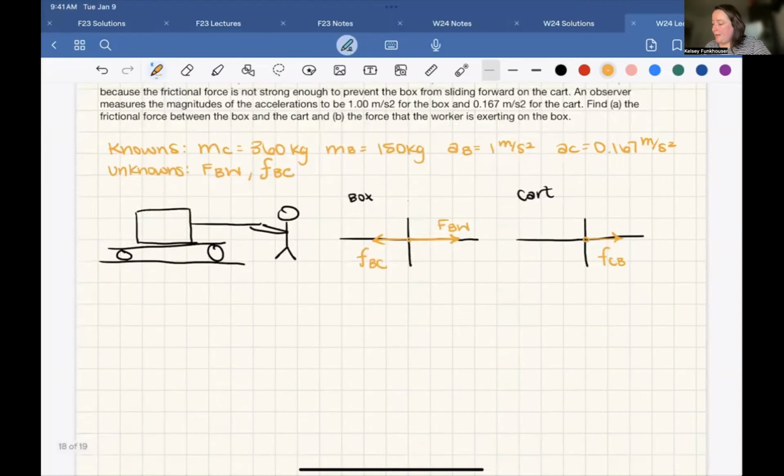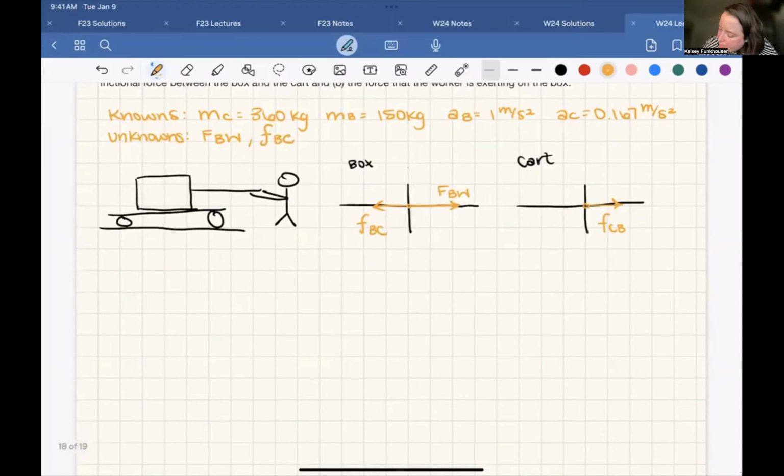Now we do that same thing again where we get our equation. So the sum of forces for the box is the mass of the box times its acceleration. And that is the force on the box from the worker, which is in the positive x direction, minus the friction force between the box and the cart, because that's in the negative x direction.